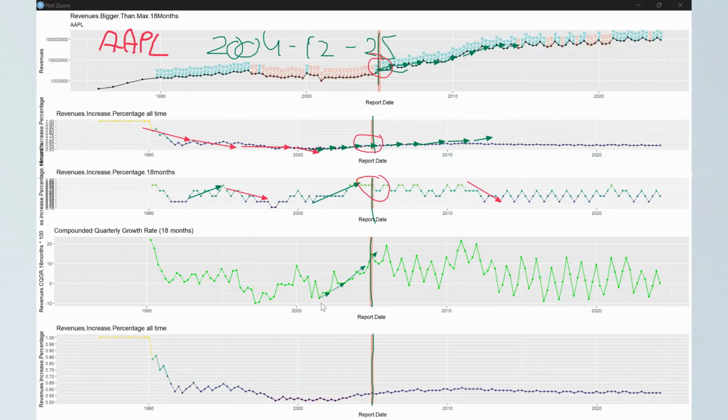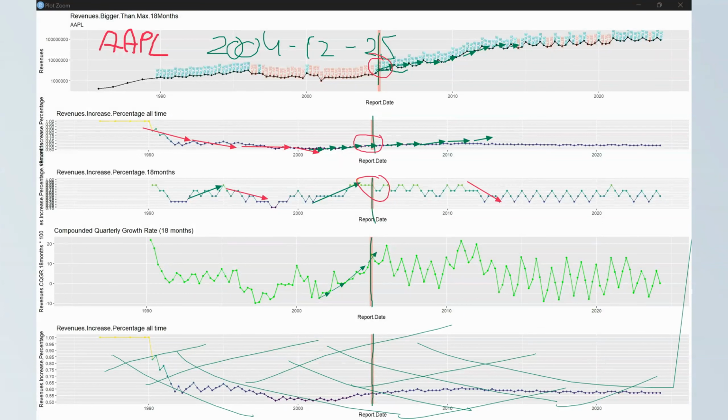This is 1.5 years, 18 months, and this is now all time. Actually, I just realized I made a mistake. This one is duplicated. It was supposed to be the compounded annual growth rate, but I will fix it in the next video.